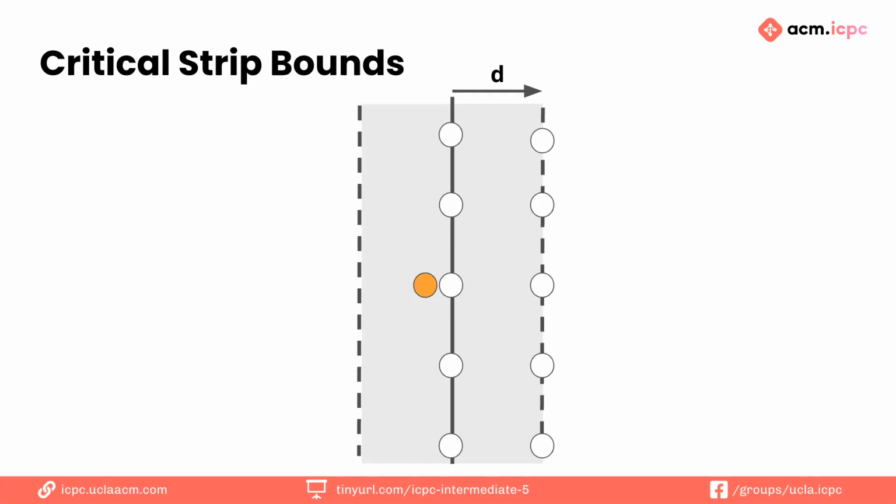I hope that explanation made sense. If it doesn't, you don't have to imagine that they're evenly spaced. You can just imagine that they're anywhere. But how many points on the right could we match with this orange point on the left in order to get a better answer?